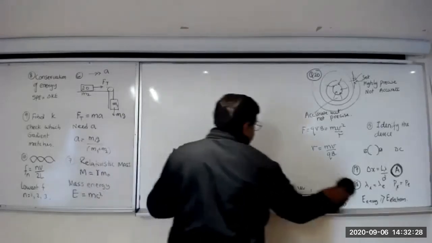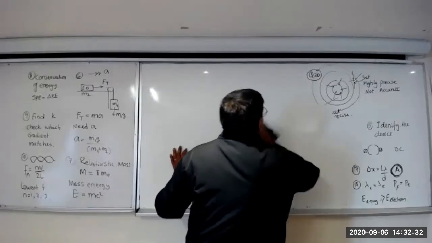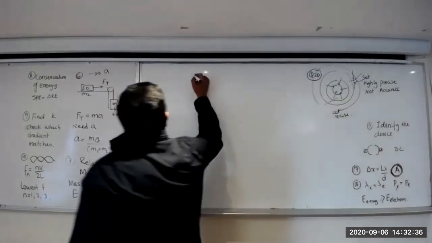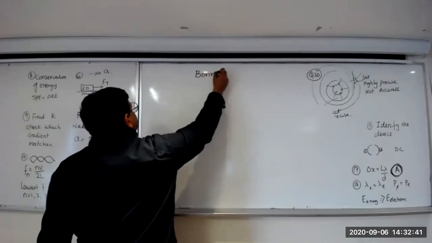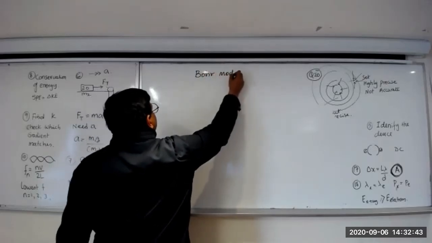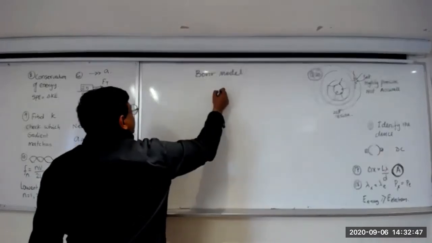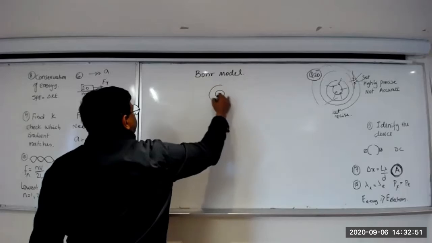Okay, we talk about energy level diagrams and then de Broglie's explanation. Now you guys remember from last week, the Bohr model of atomic structure. Based on that, he came up with the idea that electrons are orbiting around a well-defined path.